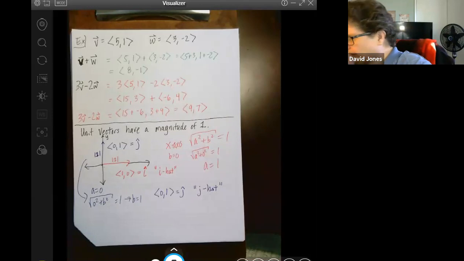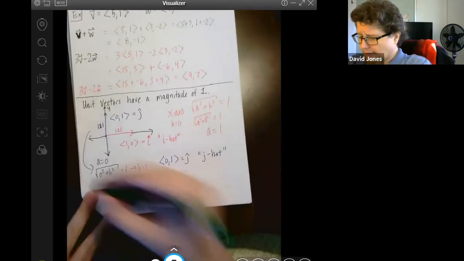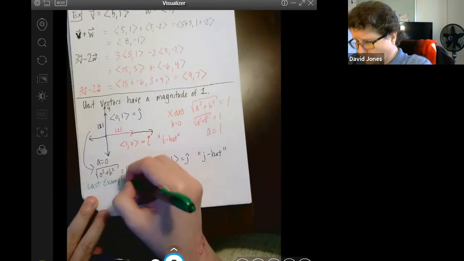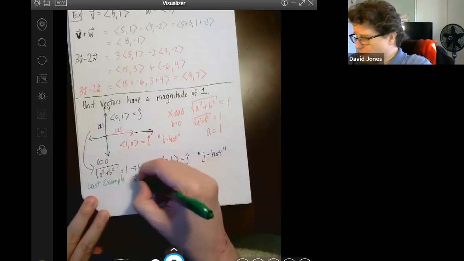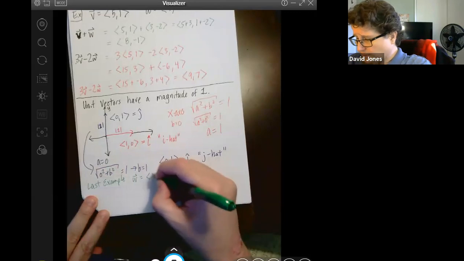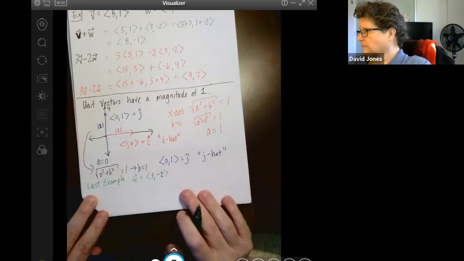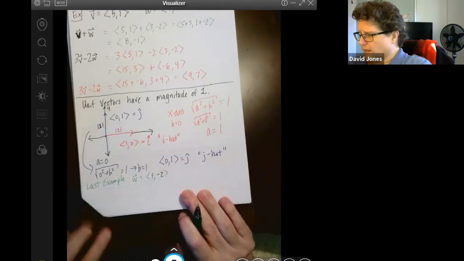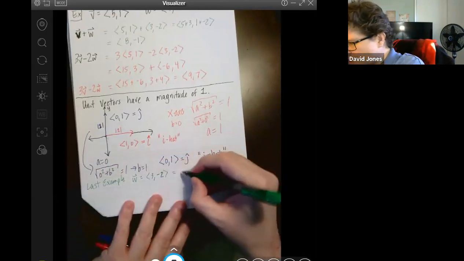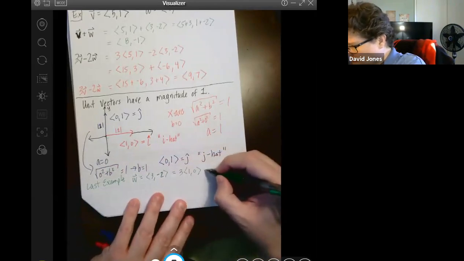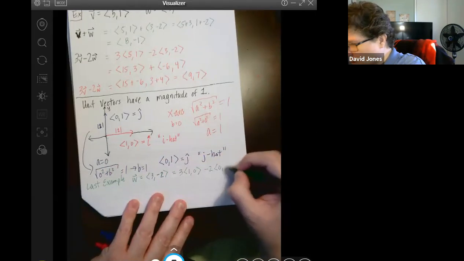How is this helpful? In the last example, W equaled 3 negative 2. I can write that as 3 times 1 comma 0 minus 2 times 0 comma 1.